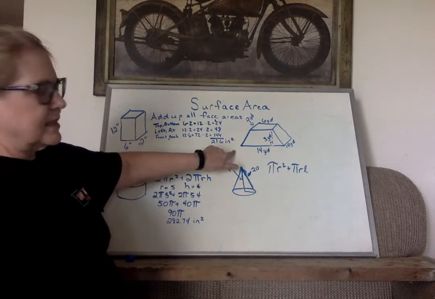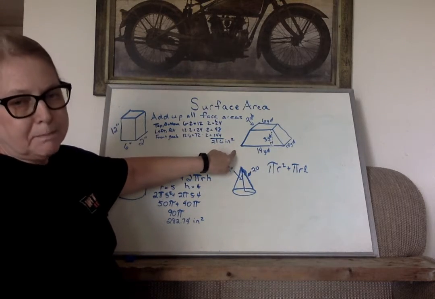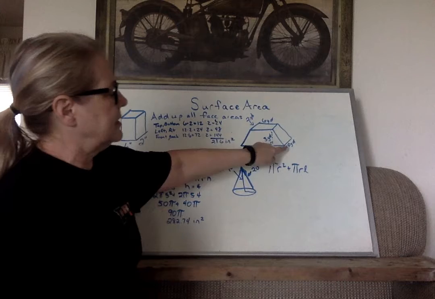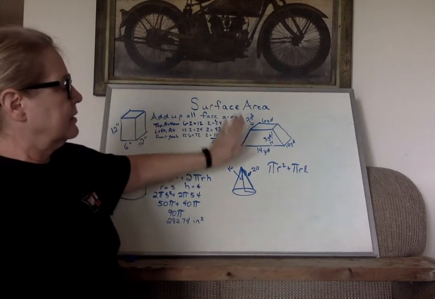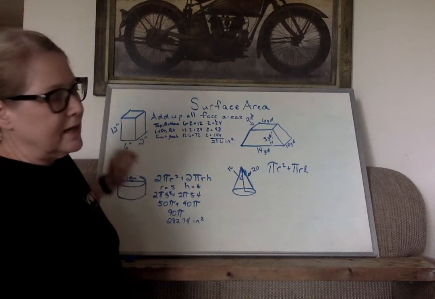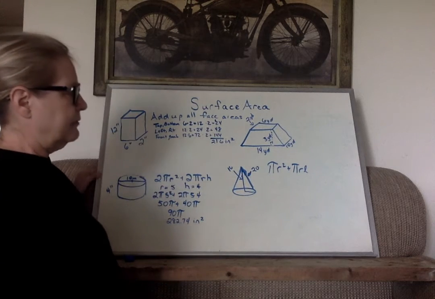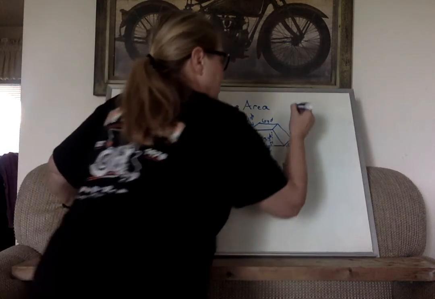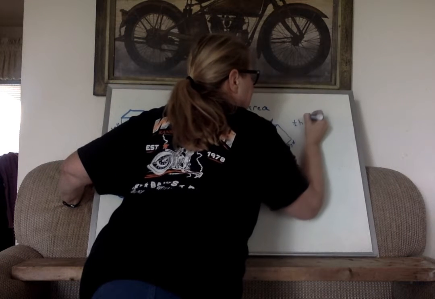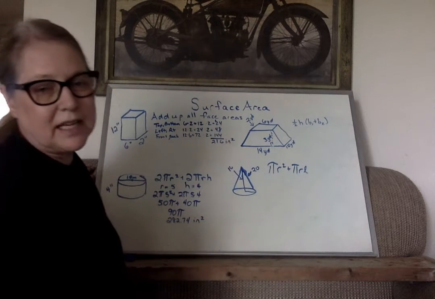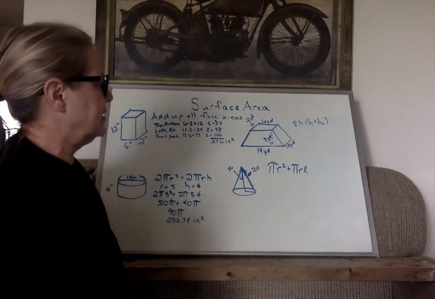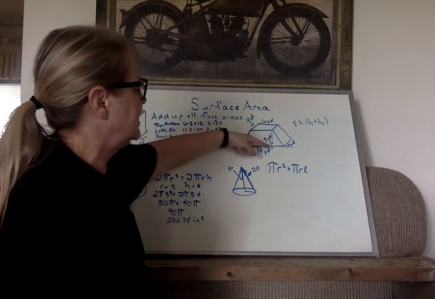Okay, next. This one is a prism, a trapezoidal prism, because this is a trapezoid. So again, add up all the face areas. The front and back are trapezoids. The trapezoid area formula is 1/2 times height times base 1 plus base 2. So the height of this trapezoid is 3.